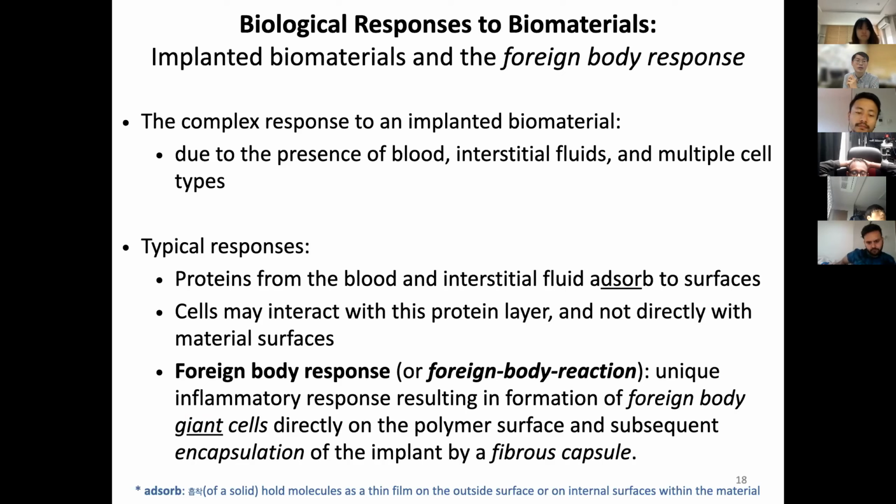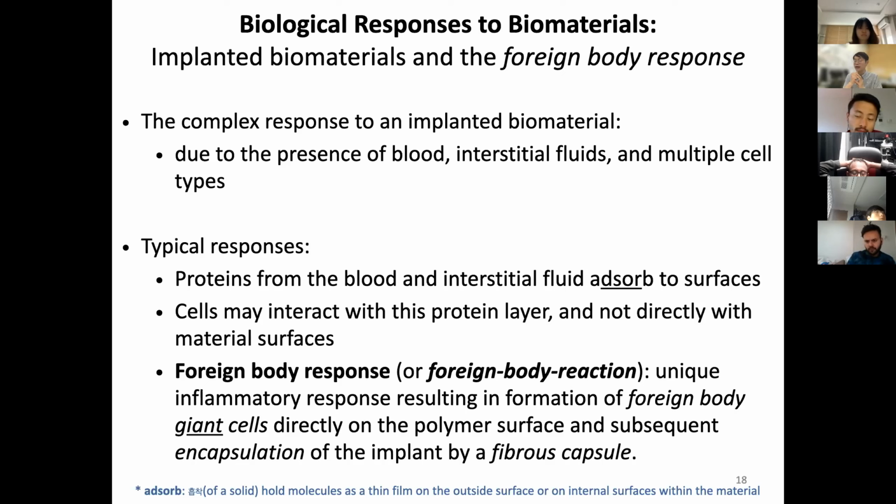So if there is a foreign body in our body, let's assume some cosmetic implant, let's say a breast implant, when it comes inside the body, it will be covered by our protein absorption, and then by itself will cause an inflammatory response.